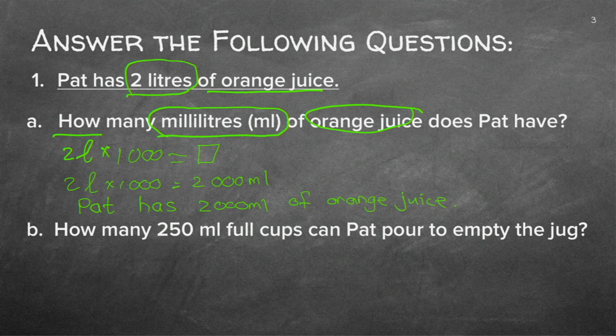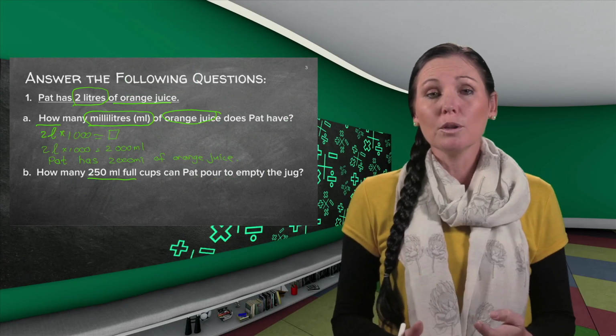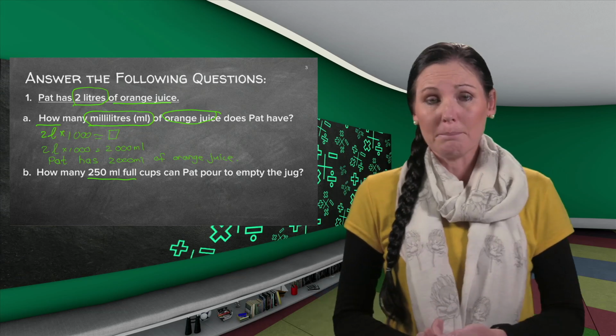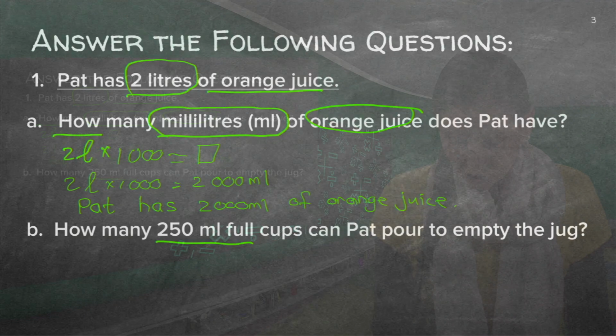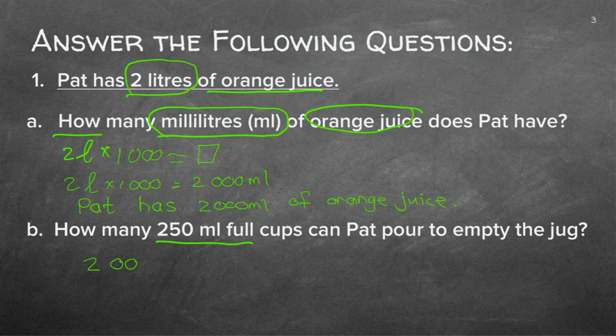The next one. How many 250 milliliter cups can Pat pour into the empty jug? Now, boys and girls, you know by studying very hard that 4 times 250 milliliters will be equal to 1000 milliliters. So I will write then 2000 milliliters divided by 250 milliliters equals I don't know what.